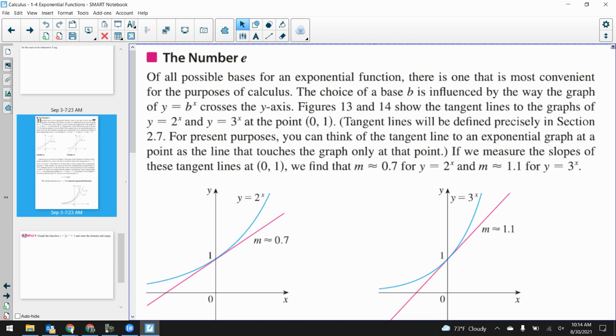Now, we're going to discuss tangent lines at great length. But for our purposes right now, back in geometry, we talked about tangents being something that lies directly next to a circle. That's a tangent line to a circle, right? It's only going to hit the circle once.